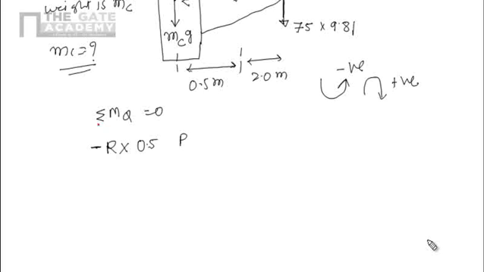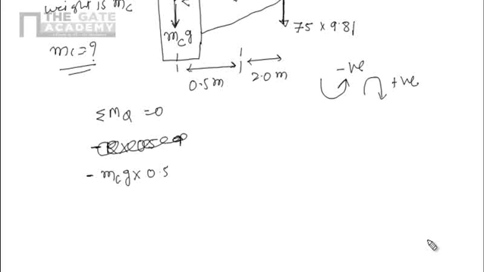Sorry, I will again calculate this moment. The moment due to this MC g at Q will be MC g into 0.5, the perpendicular distance is 0.5 here, and the direction of the moment is anti-clockwise, so negative.